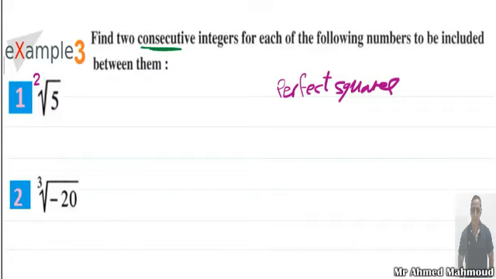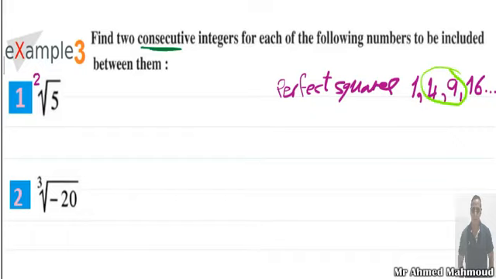The perfect squares are 1, which is 1 power 2, 2 power of 2 is 4, 3 power of 2 is 9, 4 power of 2 is 16, and so on. Search about 5. 5 here is included between what and what? 5 is included between 4 and 9.